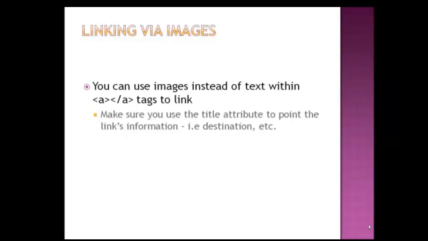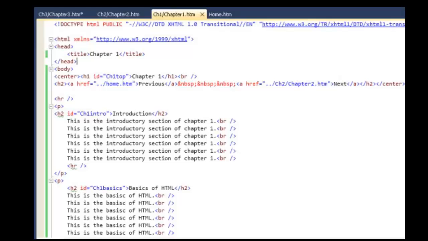So okay, let me show you how it works. I have previous and next button icons and a home icon for my next and previous links here, and in order to show you how it works, I'll modify the A tags for previous and next.